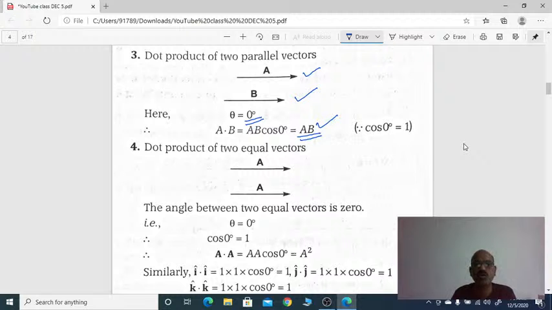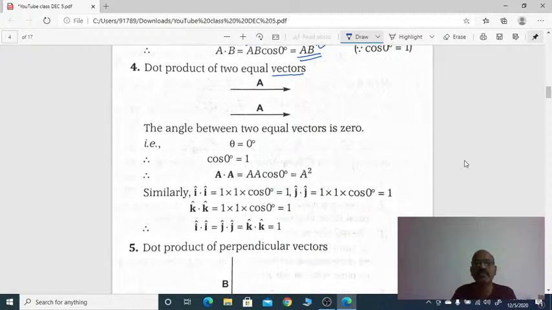Dot product of two equal vectors. See the two vectors, A vector and another A vector. What is the angle between them? Since they are parallel, the angle between two equal vectors is 0. Both have the same magnitude, same direction.